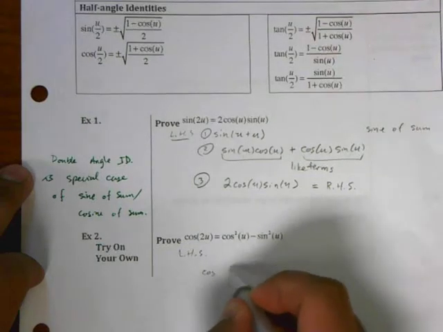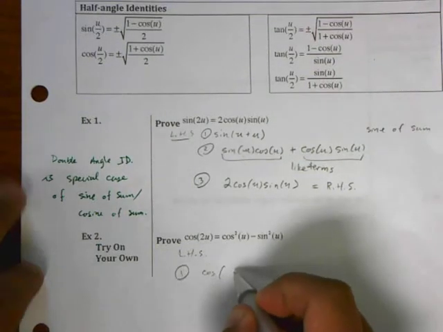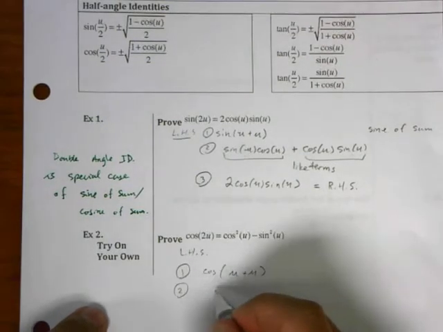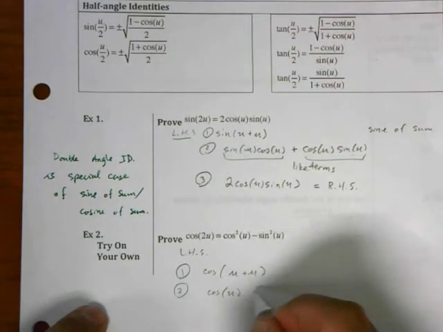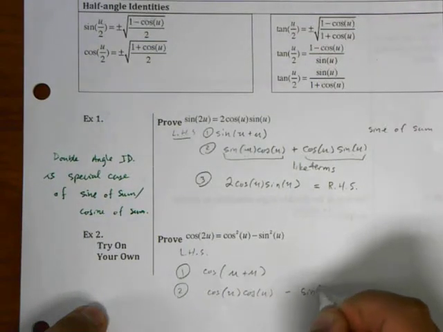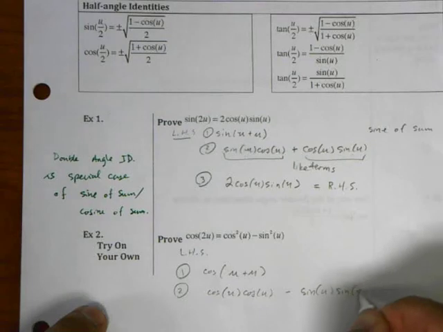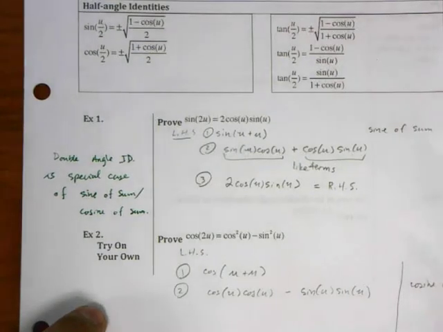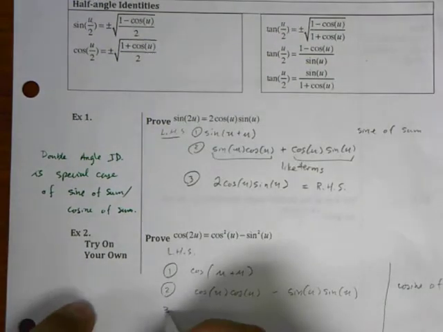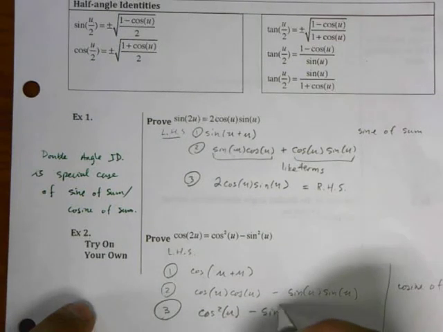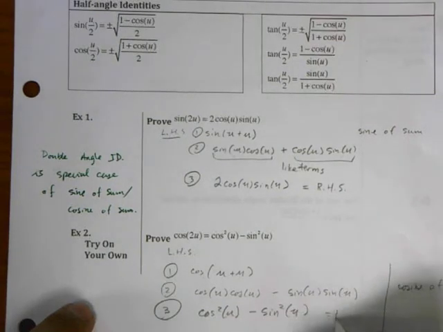Left-hand side is really just cosine of u plus u, and then we apply the cosine of a sum. Okay, so applying the cosine of a sum, and then we just have to simplify, and so this is cosine squared u minus sine squared u, which is equal to the right-hand side.